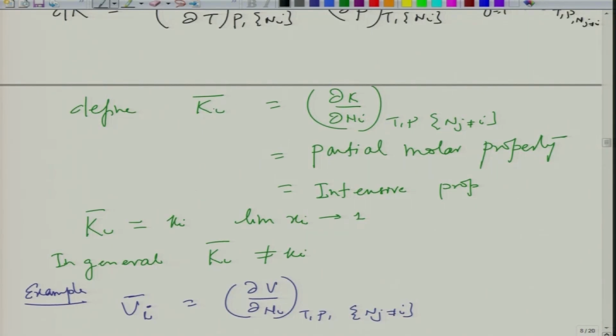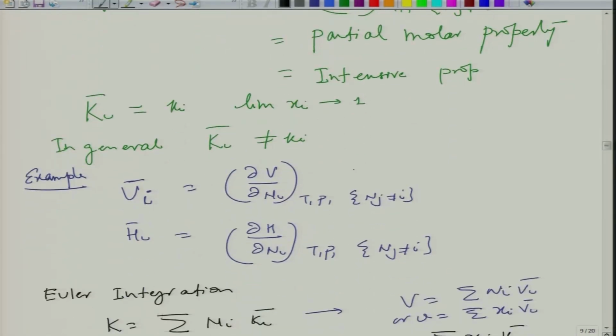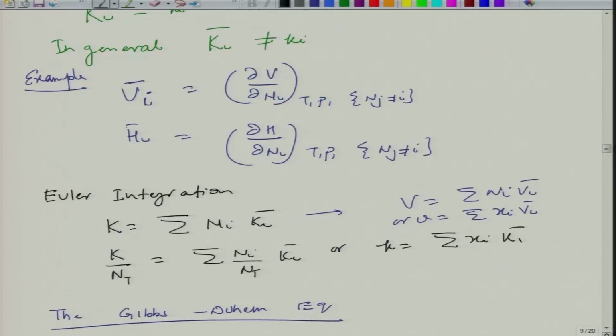This is an intensive property, and Ki bar is going to be Ki, that is, the molar property of component i for the pure case when Xi goes to 1. Examples are the partial molar volume, partial molar enthalpy, and so forth.